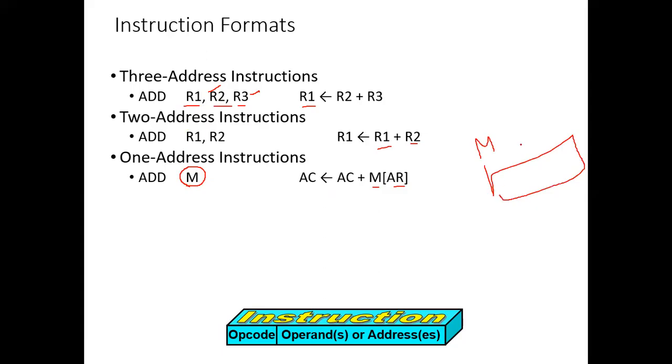So if M contains 2000, it means the value at 2000, the memory specified at that particular address, will be added with the accumulator. Now you are giving only one operand, so when you are not giving any other operand, it is automatically added with the accumulator.